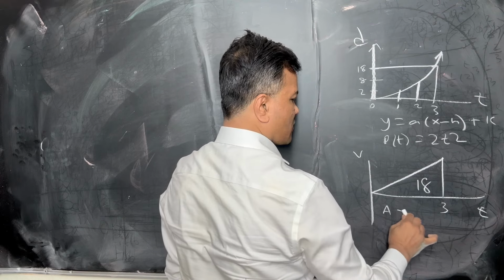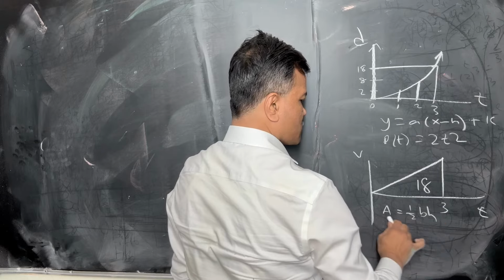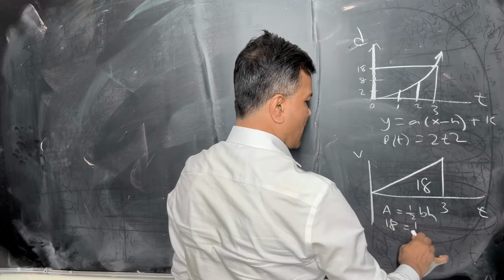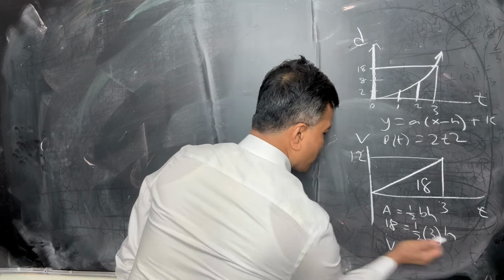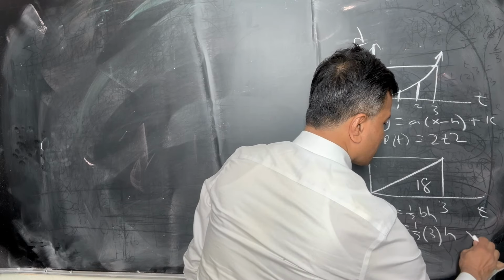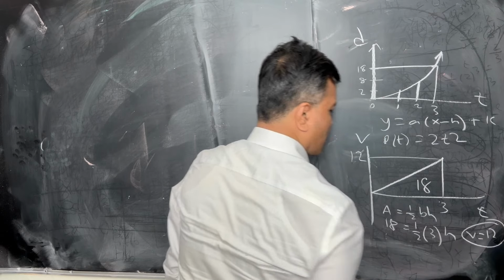So area is equal to half base times height. So 18 is equal to half, base is equal to 3, and then height. So velocity is 12 at 3.